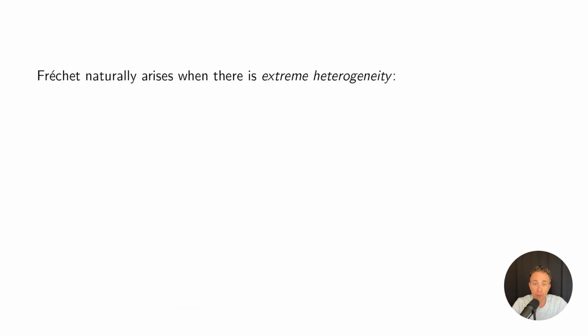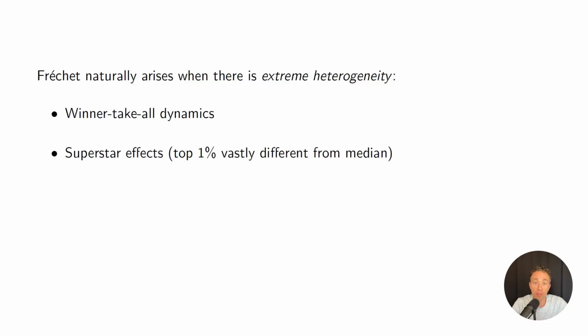Fréchet distributions arise when there's extreme heterogeneity in the model, and these would typically happen in situations where there are winner-take-all dynamics, where there's superstar effects. What we mean by superstar is the top 1% are vastly different from the median, where there's a long right tail, which means that there are observations with really high levels that are rare, but much more frequent than in a thin-tailed distribution.